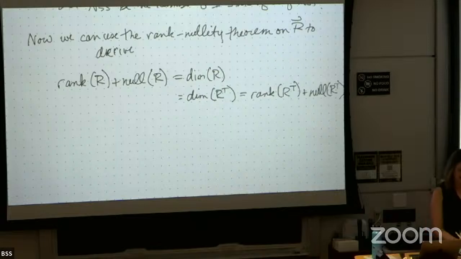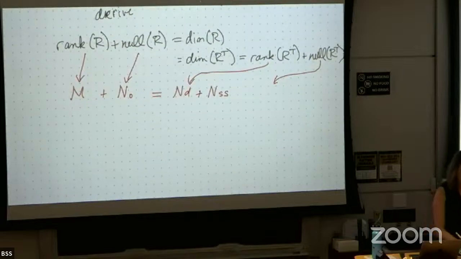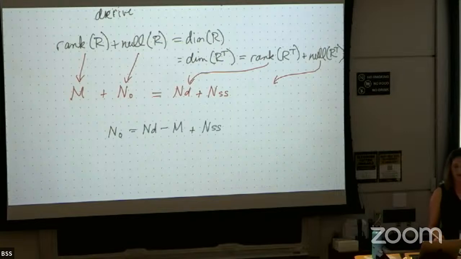This says then that M plus N_0 has to be equal to N times D plus N_SS. Or, in other words, the number of zero modes in my system has to be equal to N times D minus M plus the number of states of self-stress in my system.